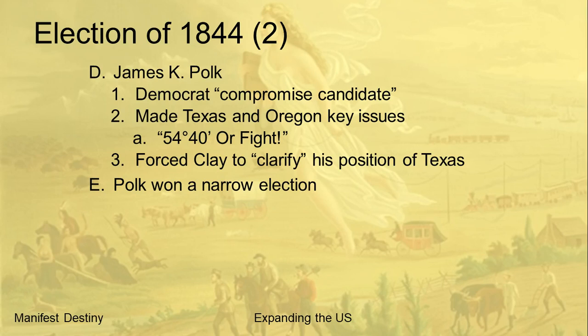Okay? Popular vote doesn't matter though, right? It comes down to the state of New York. Polk wins New York by just over 5,000 votes. This gives him all of New York's electoral votes. This means he will be the new president. So he wins New York by 5,000 votes.